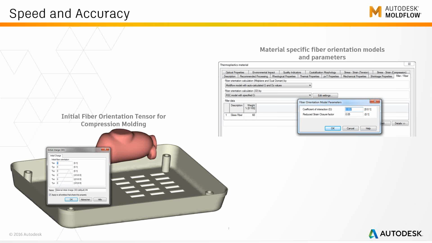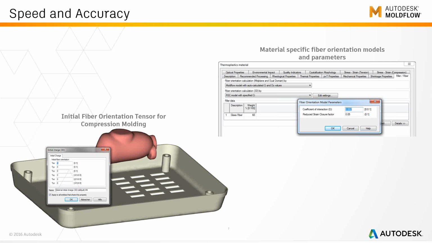Material suppliers have spent a good amount of time understanding which parameters work best for specific materials, and this allows them to provide us with, and we would recommend our customers to use, an RSC model with a specific set of RSC parameters attached to it for 3D models.